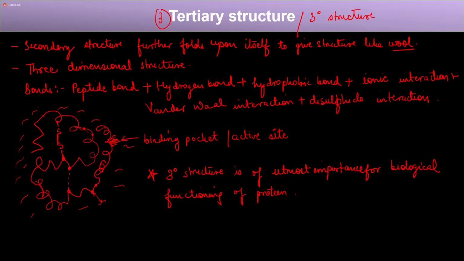Now, we have studied the tertiary structure. The next structure that we will study is quaternary structure. The quaternary structure is also known as 4-degree structure, and the protein is the only molecule that goes up to 4-degree structure. The first important thing about quaternary structure is that it comprises more than one polypeptide chain.